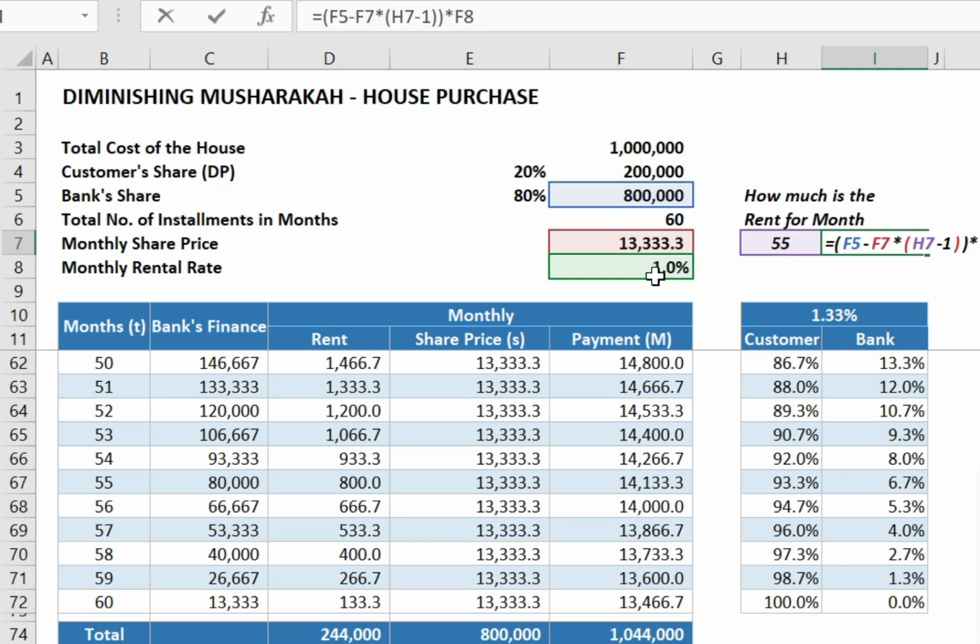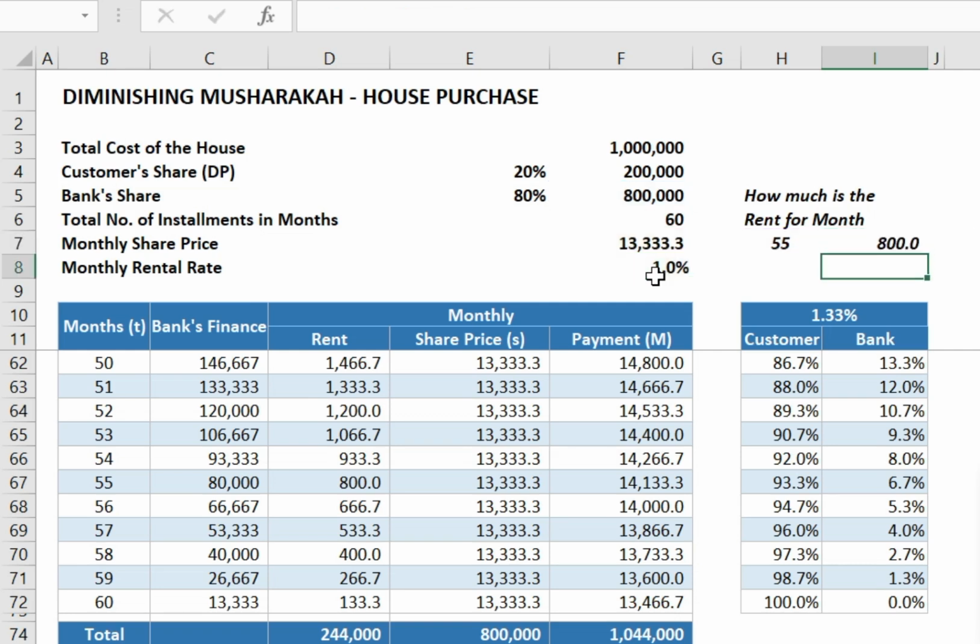As such, you can easily determine the monthly rental payment for month 55, month 60, month 1, etc. So this is how diminishing Musharakah house purchase is modeled financially to facilitate the preparation of this kind of schedule and to determine the relevant or significant information insofar as diminishing Musharakah house purchase is concerned.